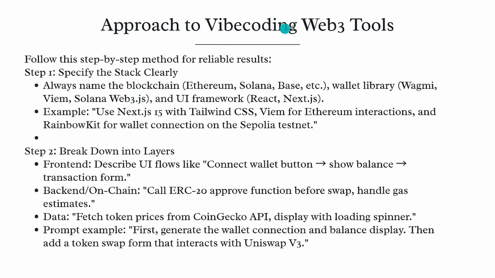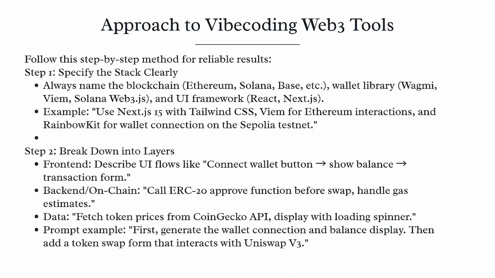So, the approach to vibe coding web3 tools. When you are approaching vibe coding, follow this step-by-step method for reliable results. Specify the stack clearly. Always name the blockchain. Okay, I want to design something for Ethereum. You can say I want to design something for Ethereum and EVM chains.